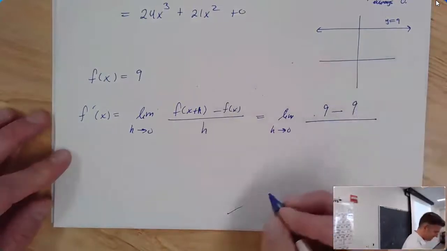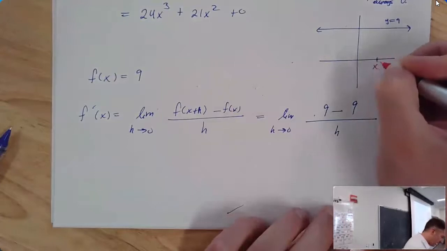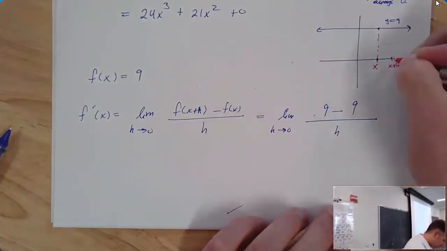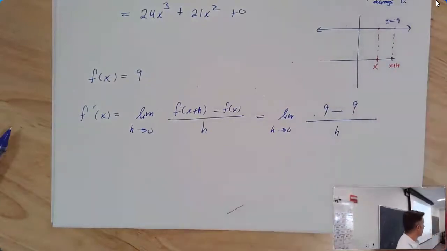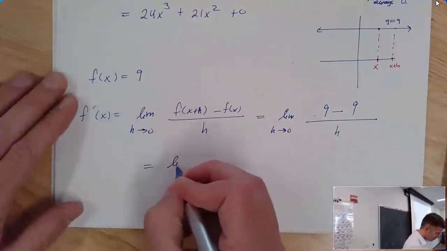Also 9, divided by h. Just to make sure everyone's super clear with that, there's x. f of x is 9. There's x plus h. f of x plus h is also 9. Now, although it kind of looks like it, it's actually not really a 0 over 0 type of limit.